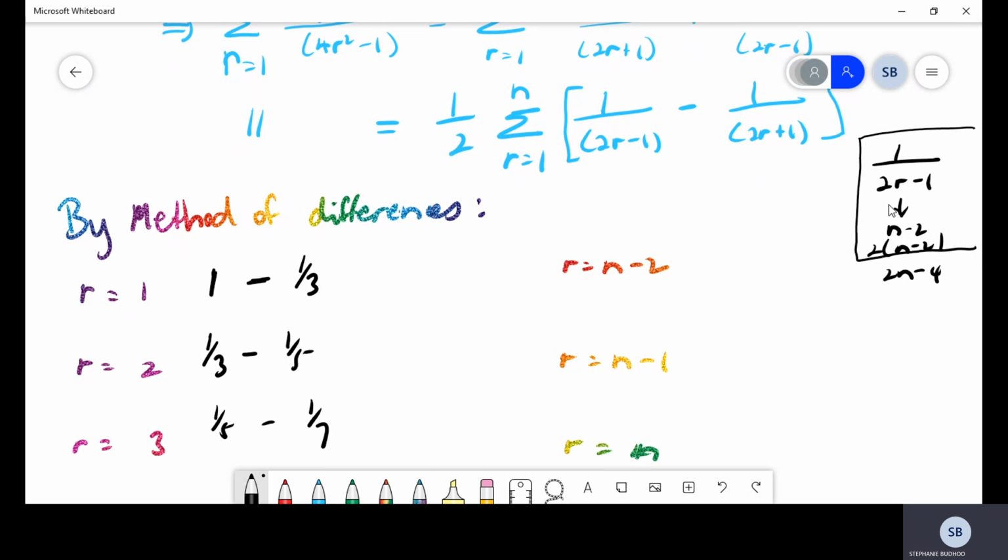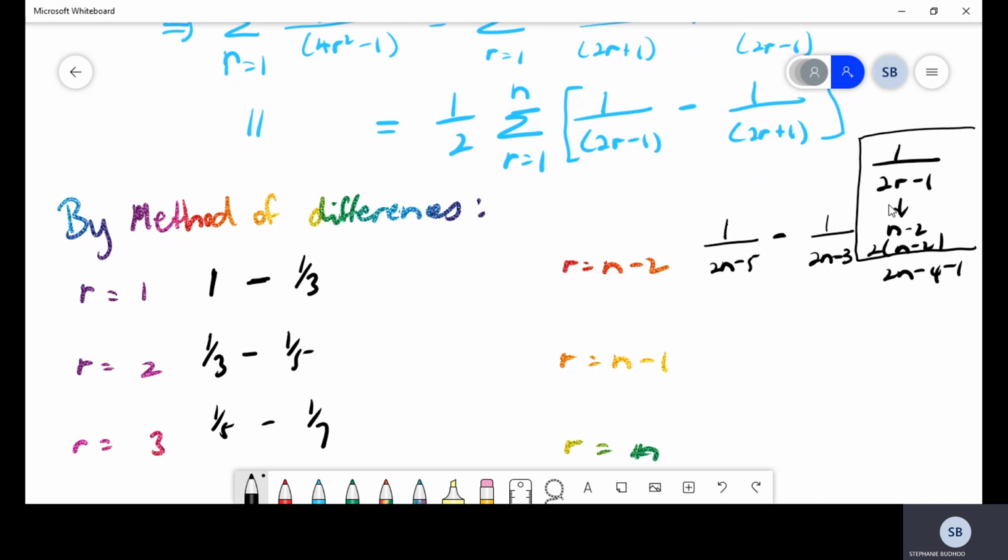So bringing it down, making no mistakes, you're going to get minus 1 is minus 5, so you're going to get 1 over 2n minus 5, subtract. Over here, when r is n minus 2, you have plus 1, so this would have just been a plus 1. You'll get 1 over 2n minus 4 plus 1 is minus 3.